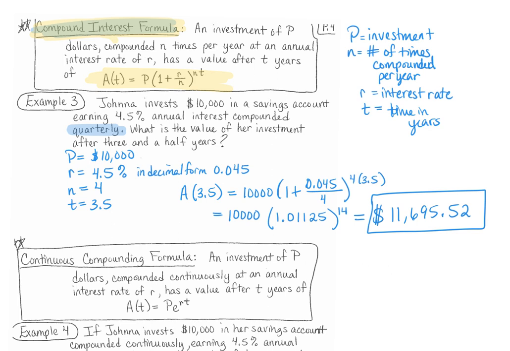So, Jonna, after 3.5 years, what was the value of her investment? $11,695.52 after 3.5 years.